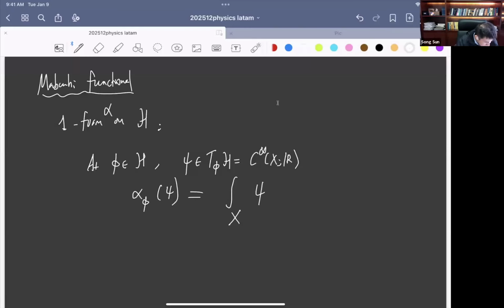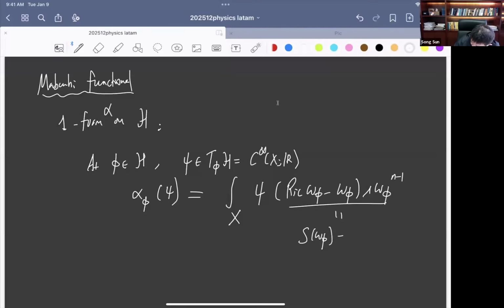It has to do with phi, and the natural function comes from the geometry of the metric. It's the scalar curvature. But you can also write it as the Ricci curvature of omega phi minus omega phi, wedge omega phi to the n minus 1. This is actually the same as the scalar curvature of omega phi minus n, times omega phi to the n, something like this.